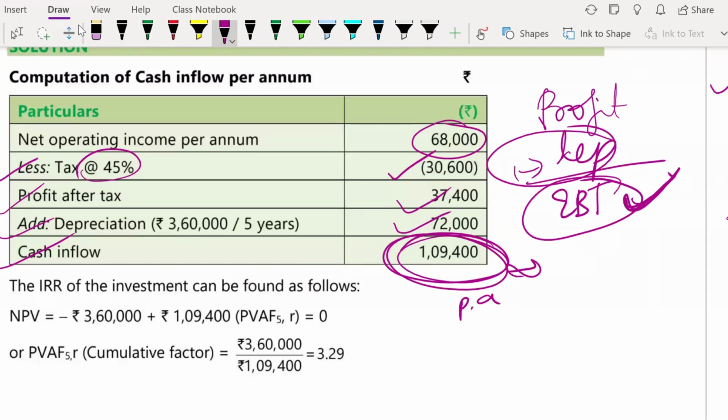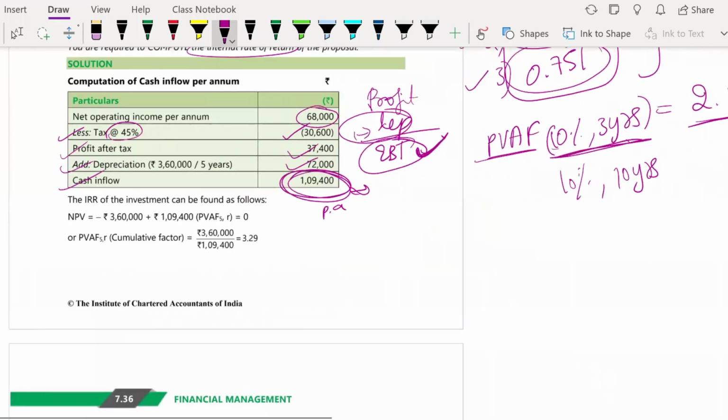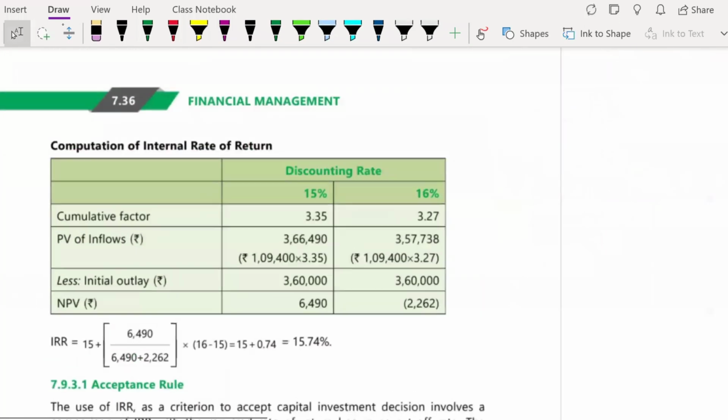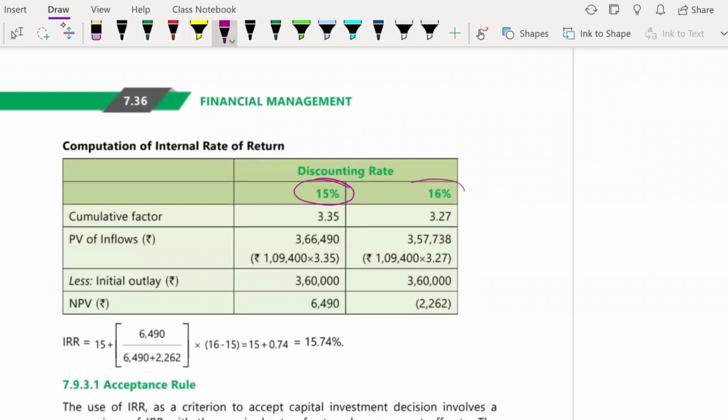Here they have taken two discount rates, 15% and 16%. The cumulative factors are 3.35 and 3.27.